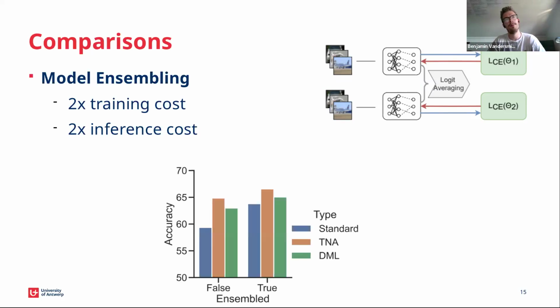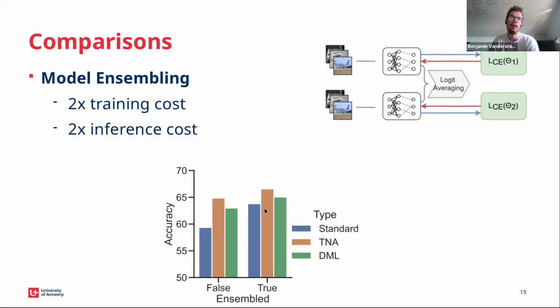And in that case, we can see two interesting things. The first thing is if we take a look at this blue line here, the ensembled line, this is just two networks that are ensembled and separately trained. We can see that our method, this orange line, still is better. But also the networks that we train with Twin Network Augmentation, also with deep mutual learning, can also be used for ensembling.